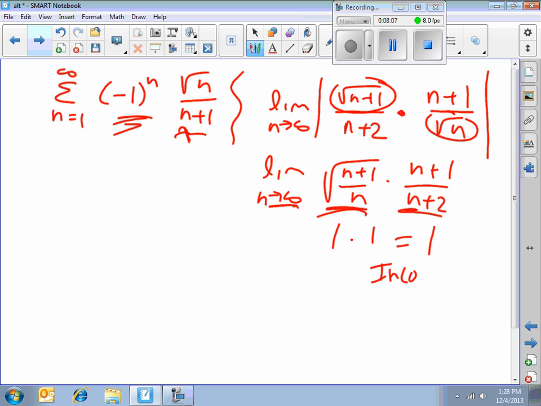Remember, less than 1 convergent, greater than 1 divergent, equal to 1, inconclusive. So it didn't work. So we'd have to go to another test. Well, the easiest test would have been, obviously, the alternating series test. Because remember, with alternating series, this part just has to be heading to 0. And since the biggest power is on the bottom, it is heading to 0. So this one would have been easier to prove that it does indeed converge by the alternating series test.